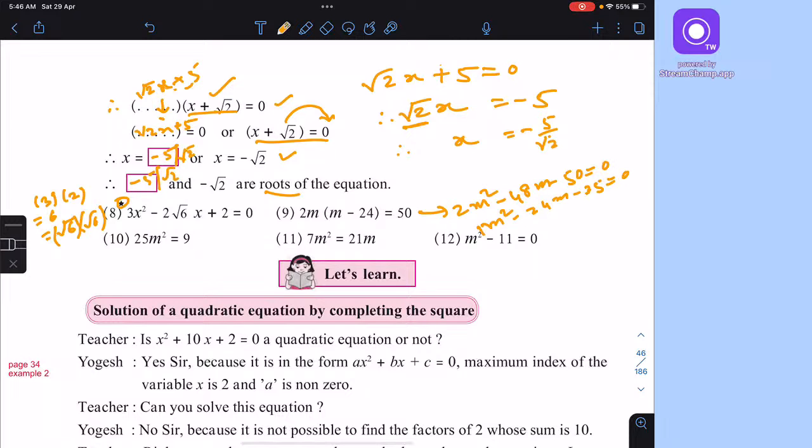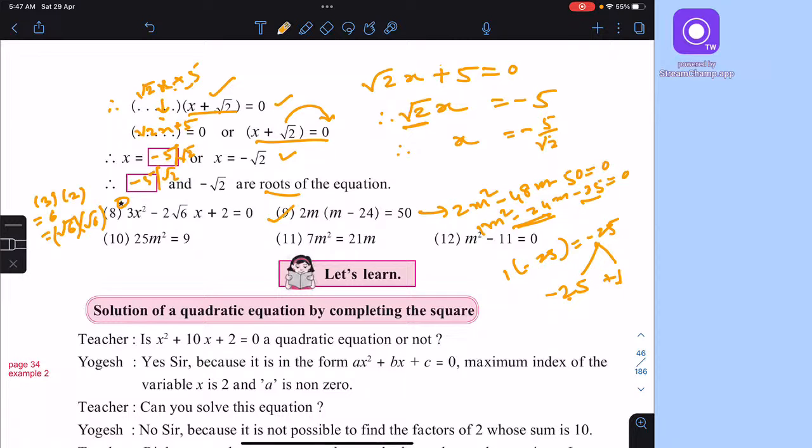The coefficient of m square is 1, so 1 into minus 25 is minus 25, and factors of minus 25 can be considered: 25 ones are 25. Since we want minus 24, the bigger one is minus and the other is plus. Minus 25 and plus 1 gives minus 24 when added, and when multiplied gives minus 25. So that way you can try this.